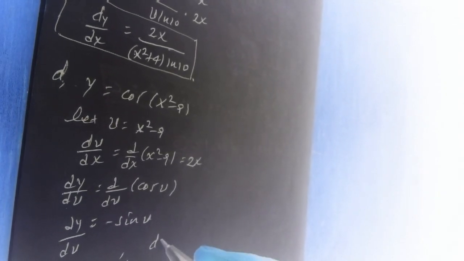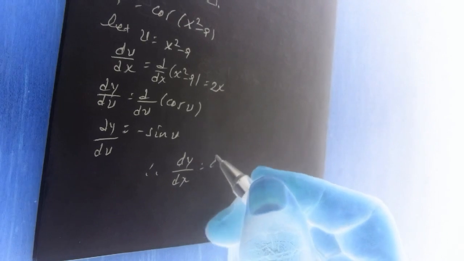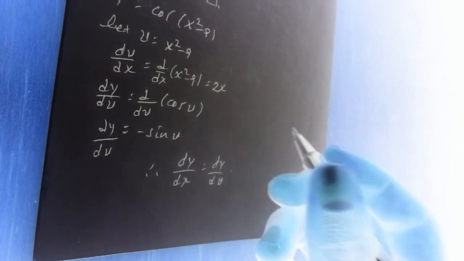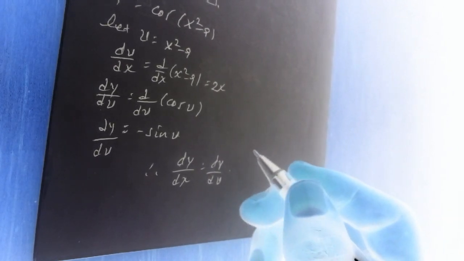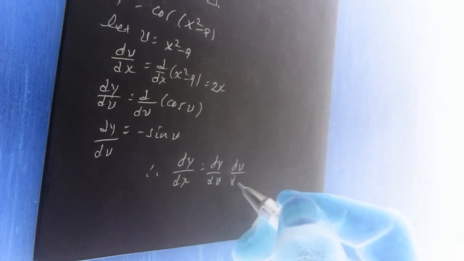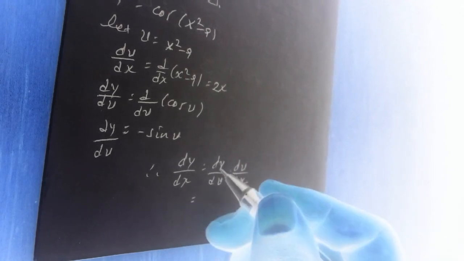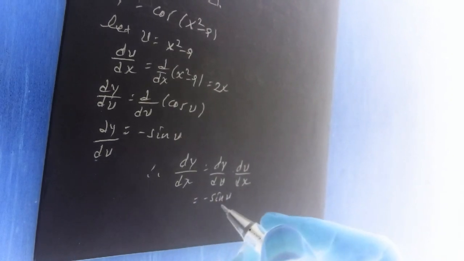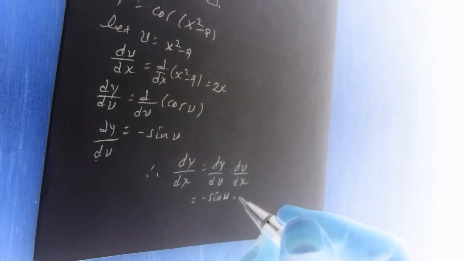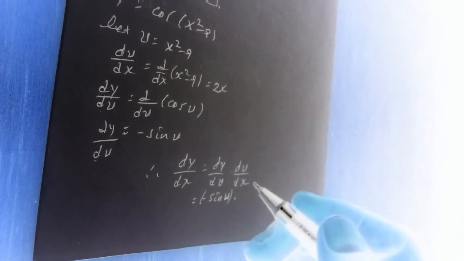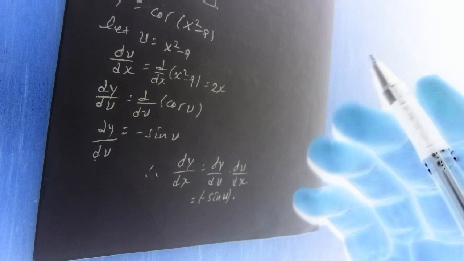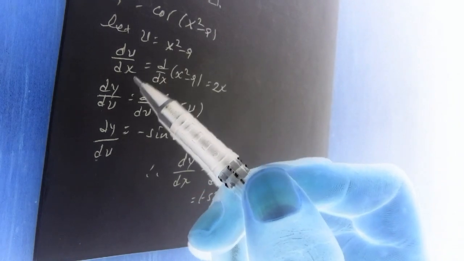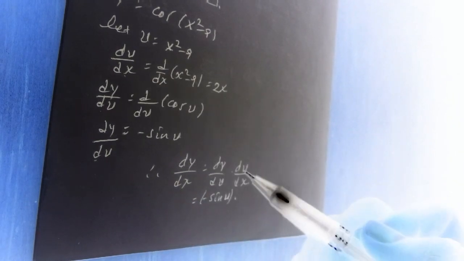Now we can find the two values. Therefore, we can rewrite the general form: dy by dx equals dy by du times du by dx. Now substitute the values. Dy by du is minus sin u, times du by dx, which is the derivative of x squared minus 9, 2x.